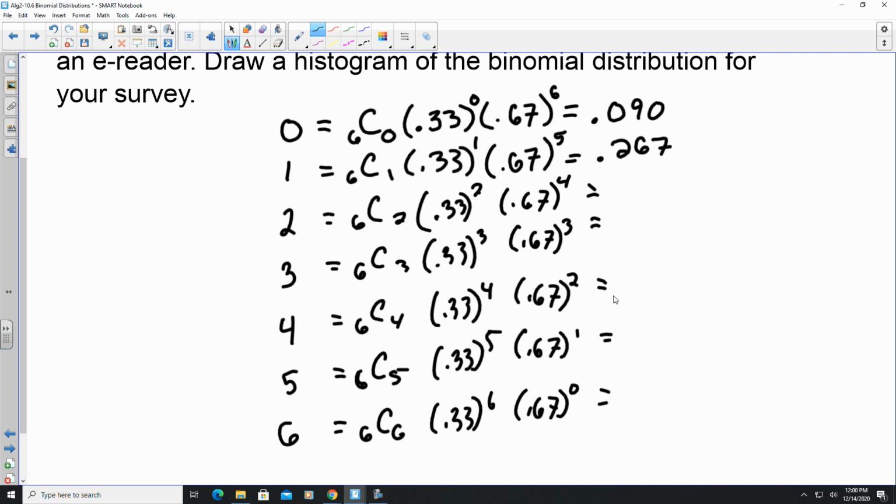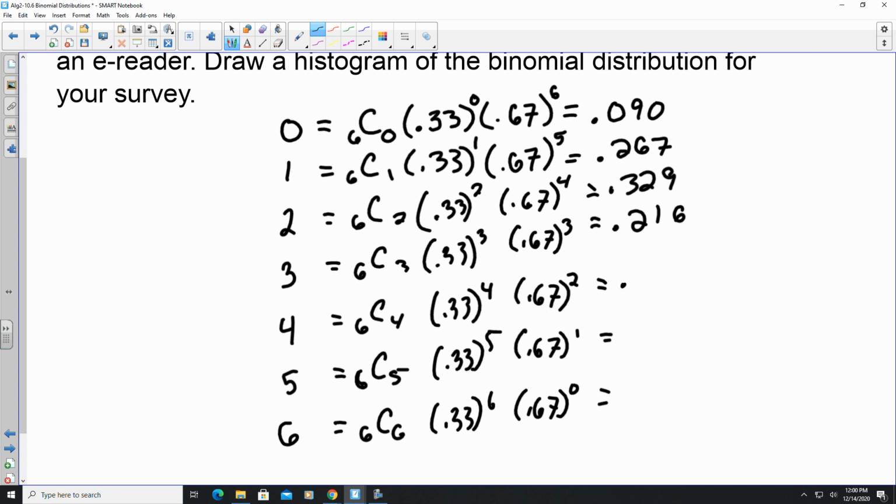Now, doing all of the calculations, the probability of 2 of the 6 saying yes would be 0.329. Where 3 of them would say yes, after all the calculations, it would be about 0.216.